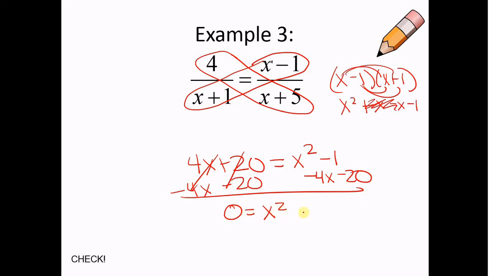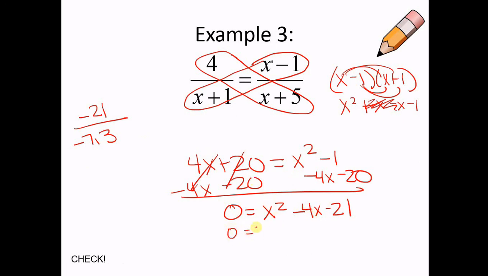So x squared minus 4x minus 21. So two numbers multiplied to give you negative 21, but add together to give you negative 4. What multiplies to give us 21? 7 and 3, so one of them needs to be negative and one of them needs to be positive. So I'm thinking a negative 7 plus 3 will give me a negative 4.